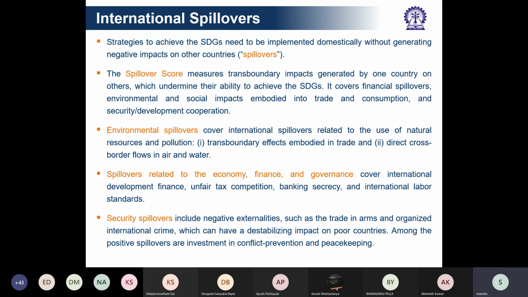So environmental spillover actually talks about such international spillover related to the use of natural resources and pollution.